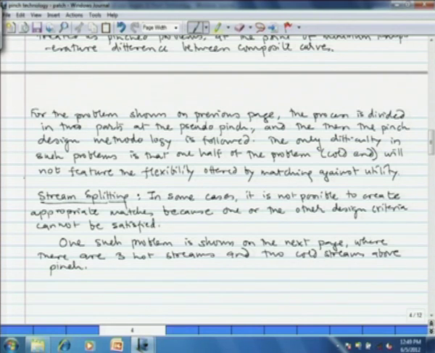So, these problems are very similar to the problem that we have seen, which has a pinch. The same pinch design methodology can be followed for such problems. However, the only difficulty is that one half of the problem, that is the cold end, will not feature the flexibility which is offered by matching against the utility.